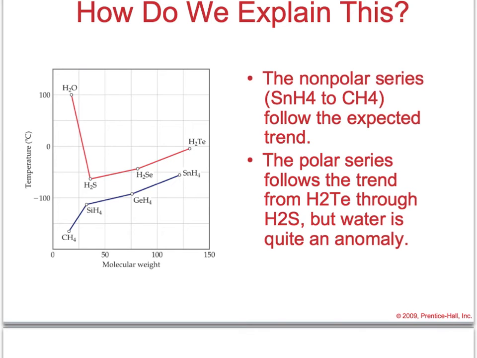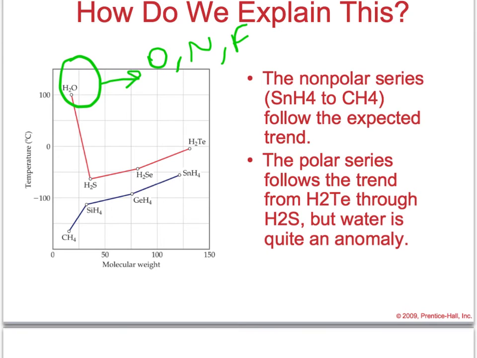But why is the trend like this here? Because water's weird. That's the answer. Because we have water here, and in water we have oxygen. At the beginning of this lecture, I said oxygen, nitrogen, and fluorine.